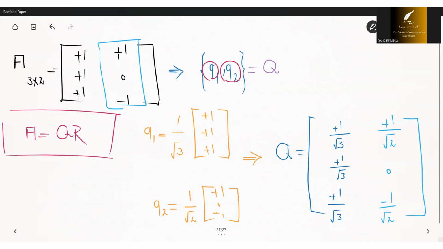And now this matrix, which is 3 by 2 itself, becomes the Q matrix, which is orthogonal. Now you see that step number 1 that I targeted, to find the matrix Q, is done.